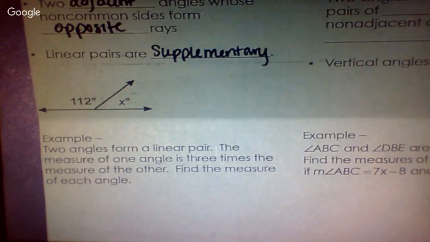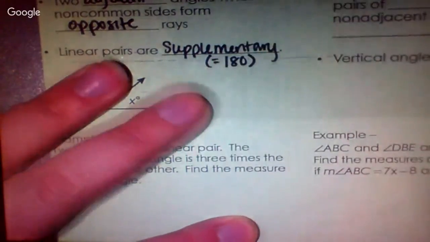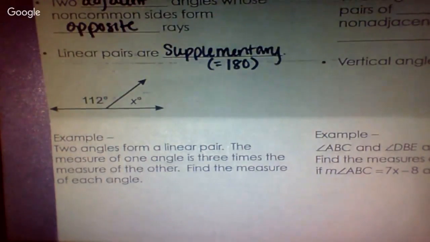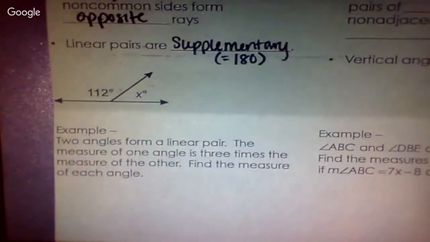The word supplementary means the two angles equal 180. So if you need to put that here, equals 180. So they're supplementary, which means they equal 180.